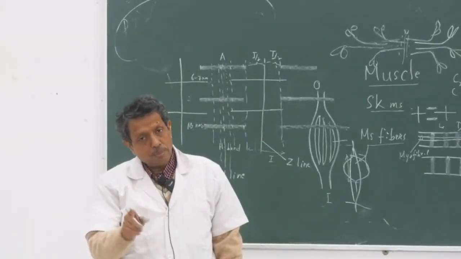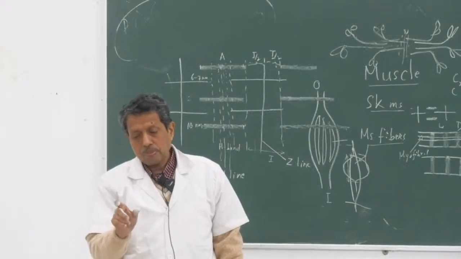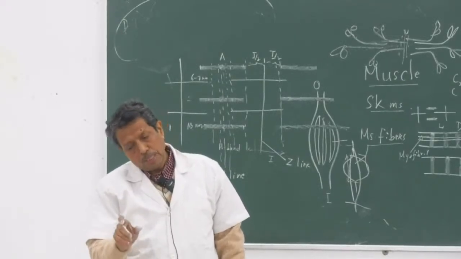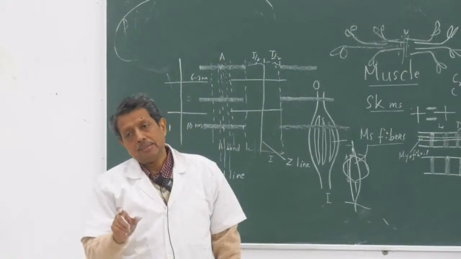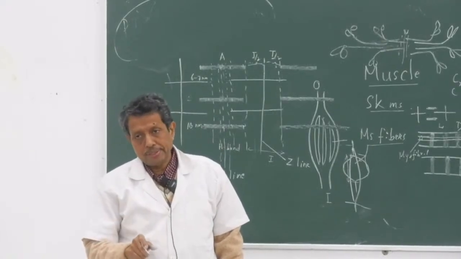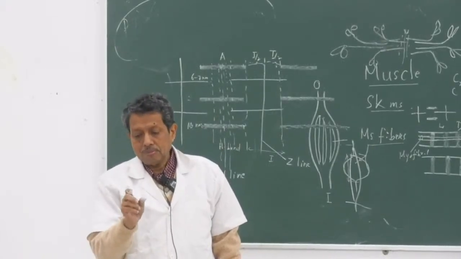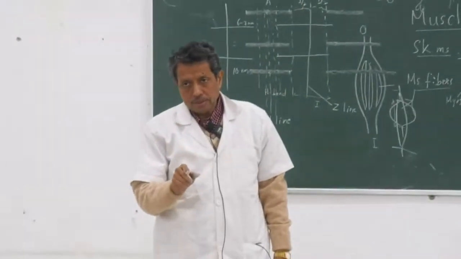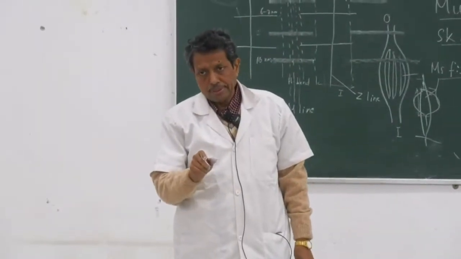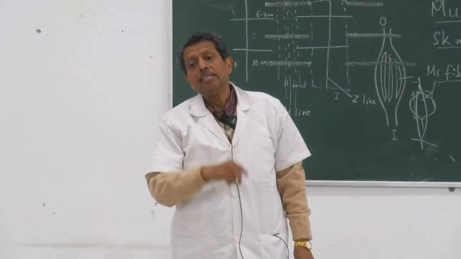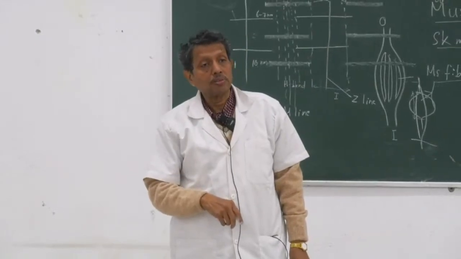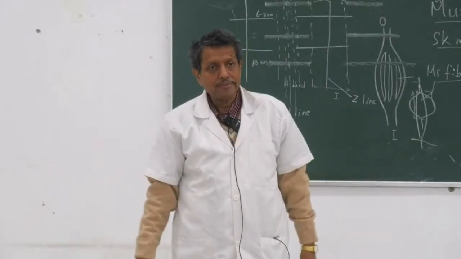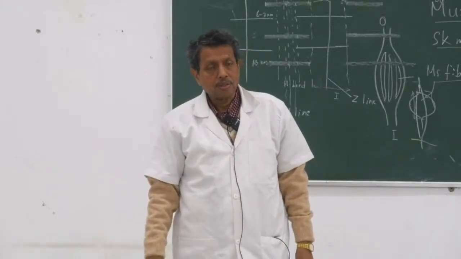The length of the thick filament remains constant during complete contraction. Thin filaments also remain the same dimension, but the H band disappears in complete contraction. Similarly, the I band disappears during complete contraction. And there is interdigitation, so they come together and overlap each other.